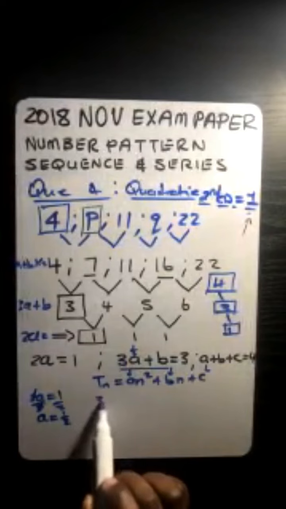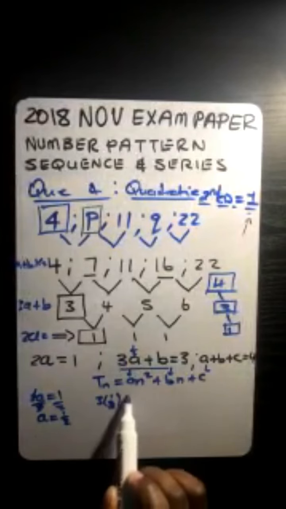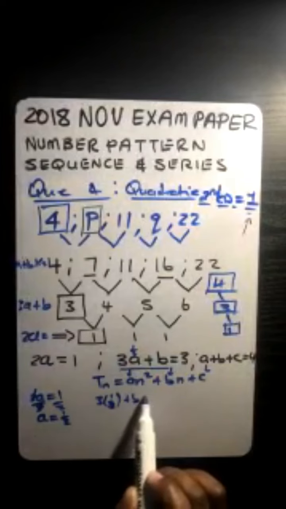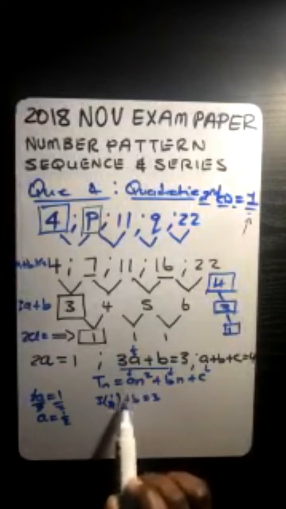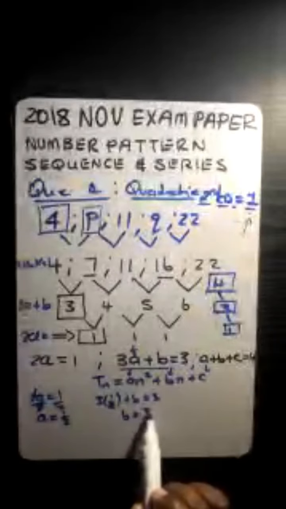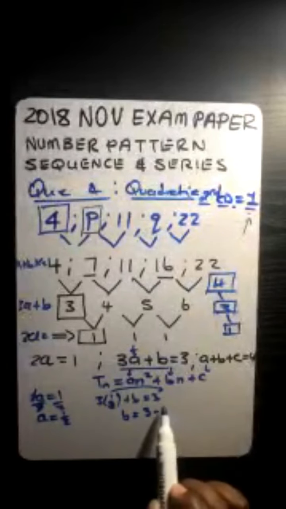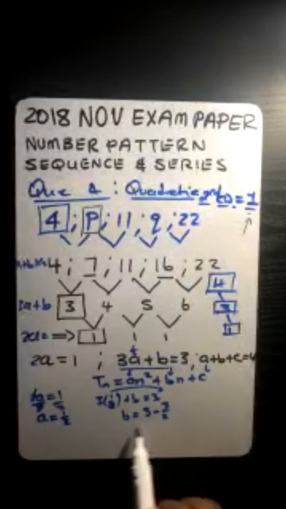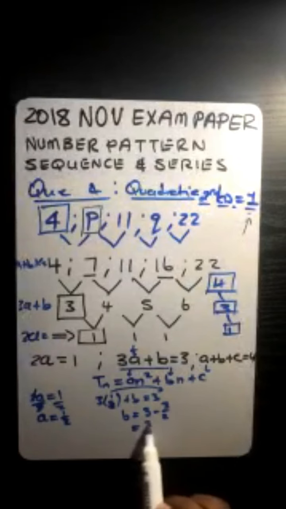So what is 3 into a, which is 1 over 2, plus b equals to that? This is what we are trying to calculate. So that means b is going to be equal to 3, then you transpose, and then it's minus 3 over 2. And this is what? I think this is 1.5. So it's more like 3 minus 1.5. I think it is still 3 over 2.